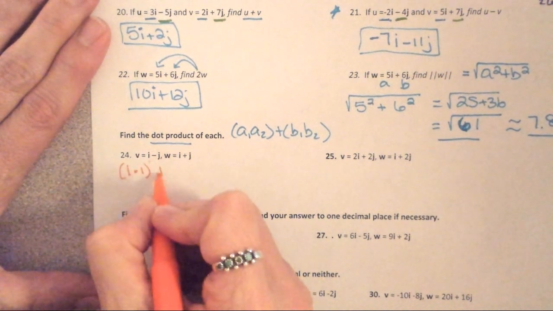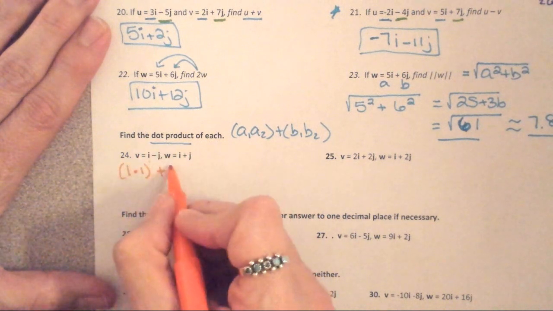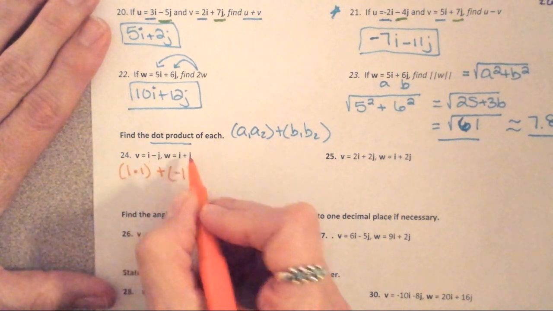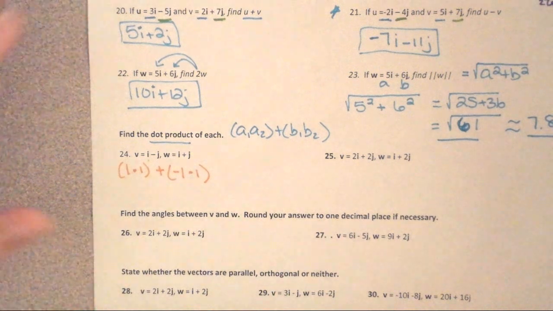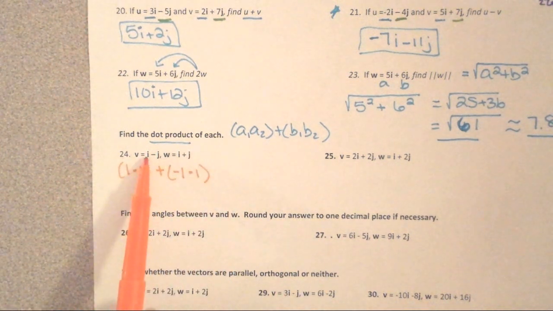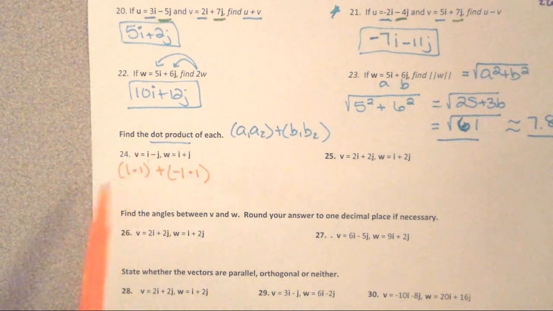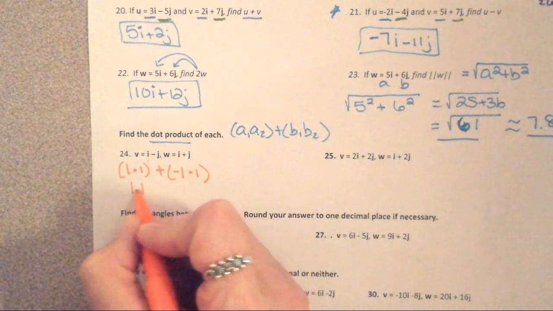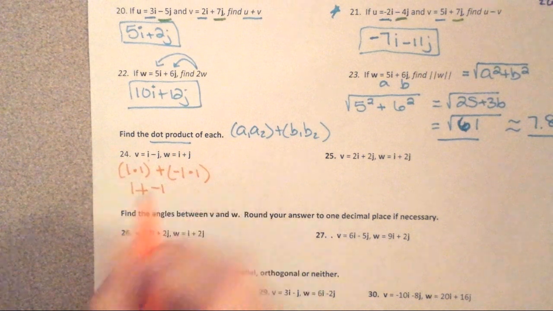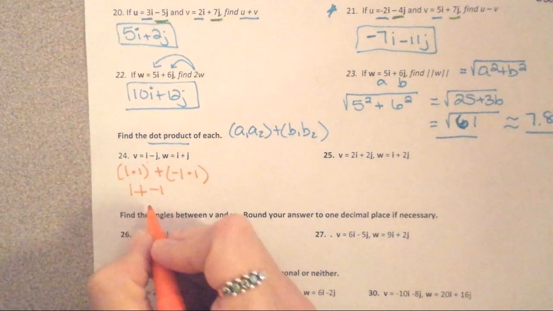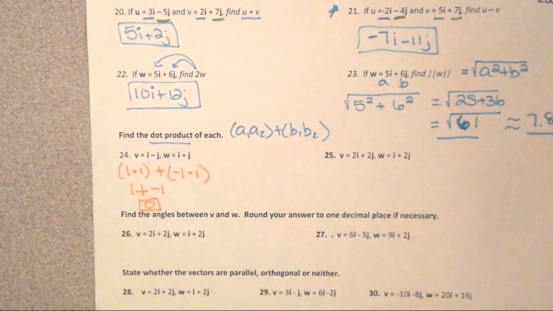So 1 times 1 plus your B for the first vector is -1, for the second vector is +1. Remember, your A's are in front of your i's, and your B's are in front of your j's. So 1 times 1 is 1, -1 times 1 is -1, 1 plus -1 is 0. Your first dot product is 0.